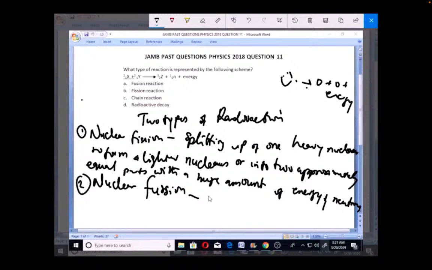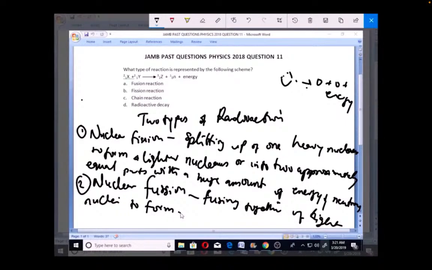But nuclear fusion is the fusing together, the coming together of lighter nuclei. When two light nuclei come together, we call it fusion. When they are breaking up, we call it fission.